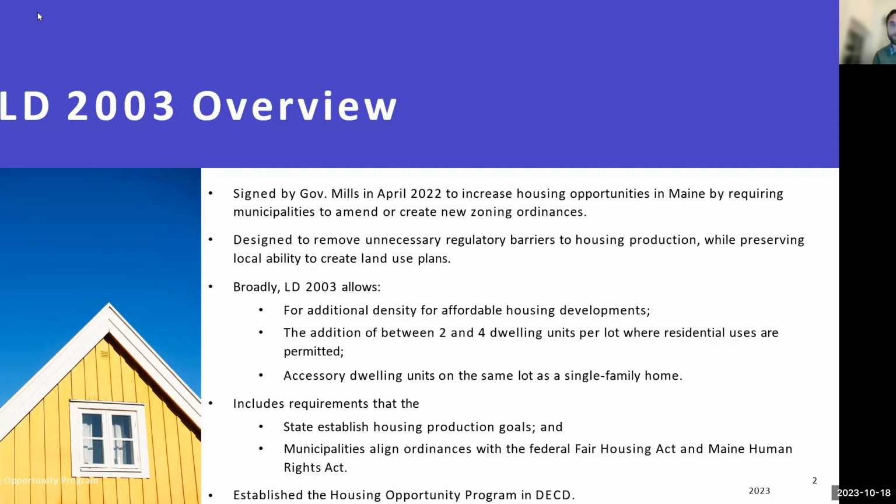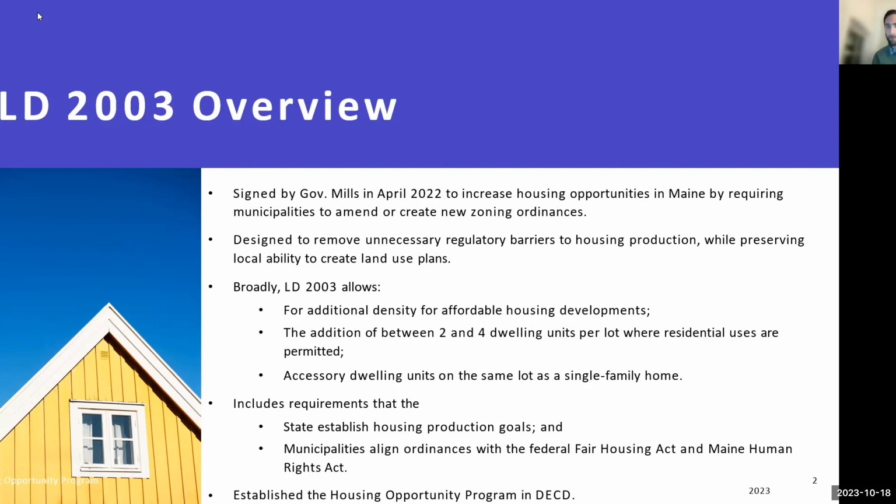It was really focused on removing regulatory barriers to housing production, and it came out of a several-month process where the state had engaged with a commission to look at zoning provisions and ways to think about amending land use provisions across the state.